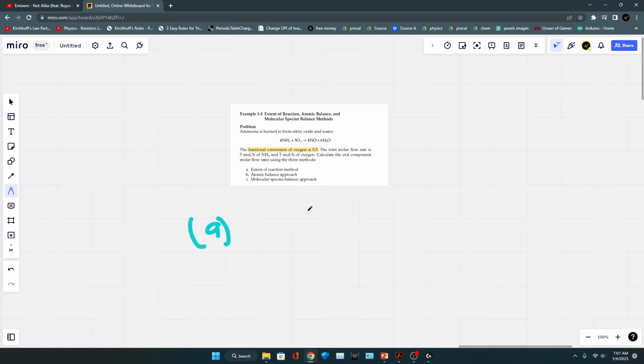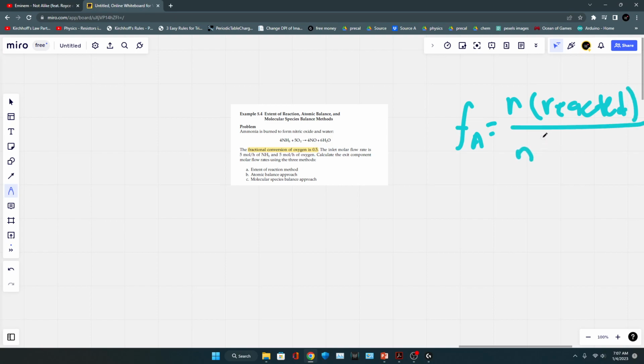As for the external reaction method, we'll first need to focus on the molar flow rate of NH3. Ammonia is burned to form nitric oxide and water. The fractional conversion of oxygen is 0.5. So fractional conversion is equivalent to the number of moles of substance that has been reacted divided by the number of moles of a particular substance that is coming into a particular system.